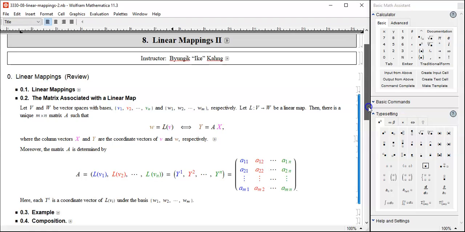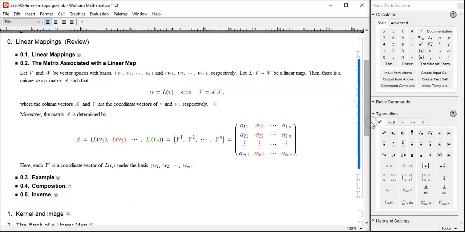The matrix associated with a linear map. Let V and W be finite dimensional vector spaces. If they are infinite dimensional vector spaces, then it doesn't work. V has to be n-dimensional with basis v1, v2, v3 all the way over to vn, and W is m-dimensional with basis vectors w1, w2, w3, w4 all the way over to wm.